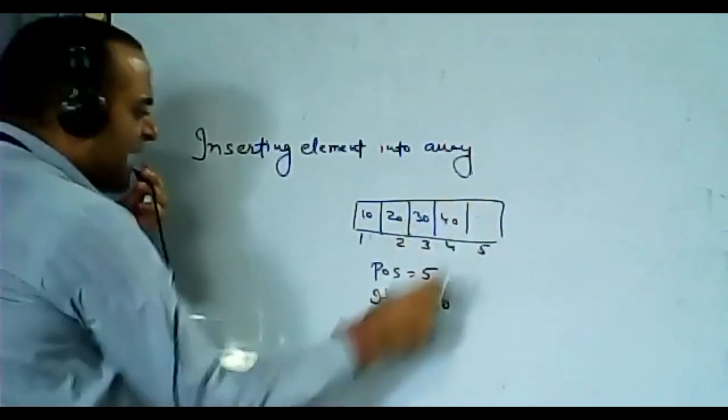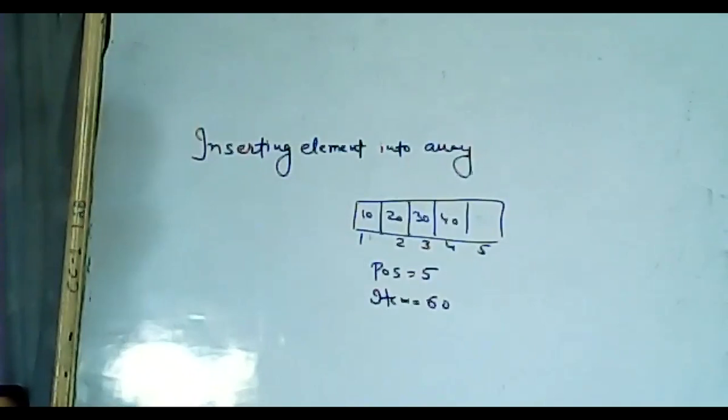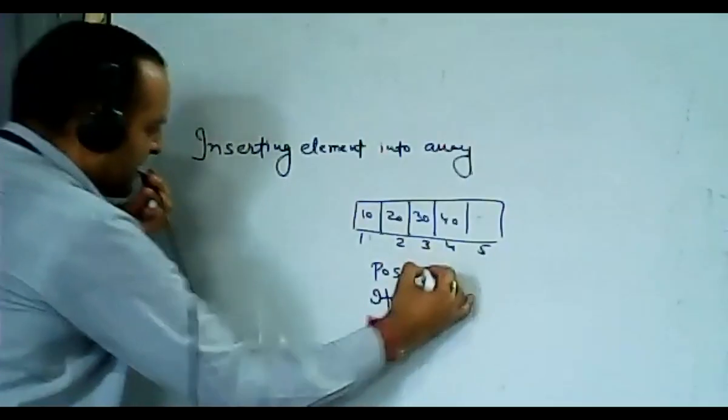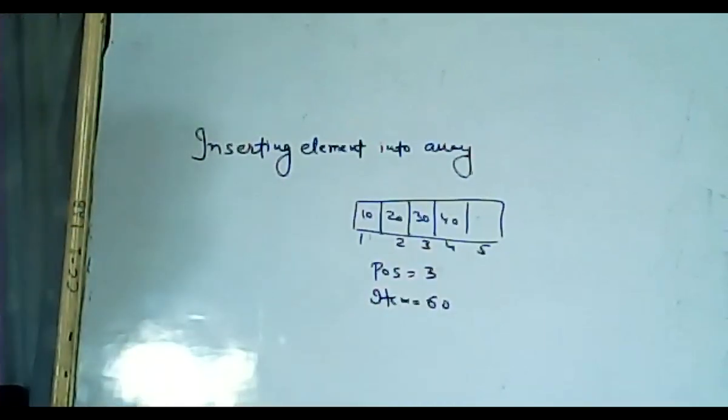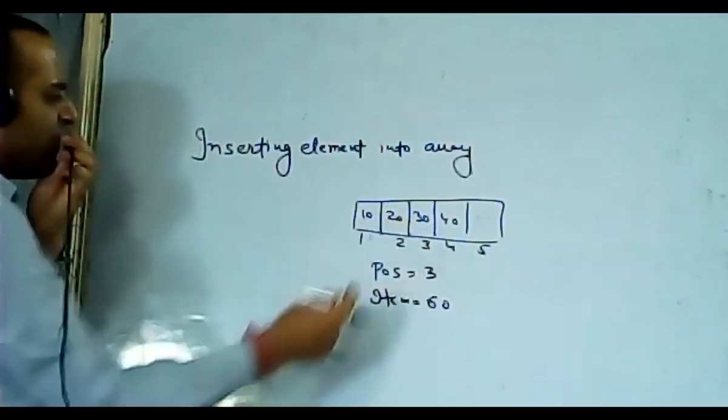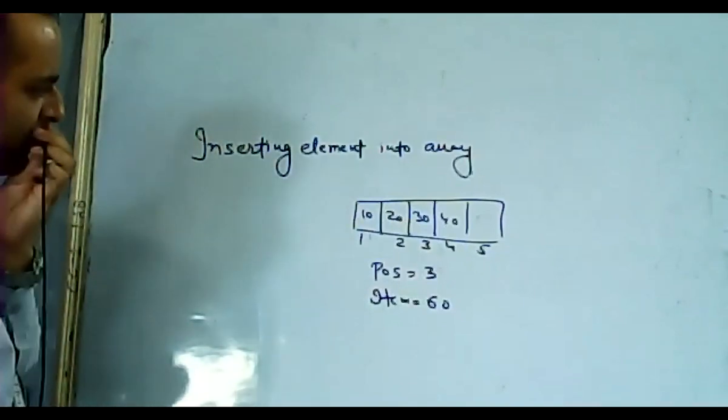So on the 5th position, I can directly insert 60, because the 5th is empty. But suppose I am told the position is 3, that on 3 insert 60. Can I insert 60 on the 3rd position? No, because there is already 30. If I put 60 here, 30 will be overwritten.